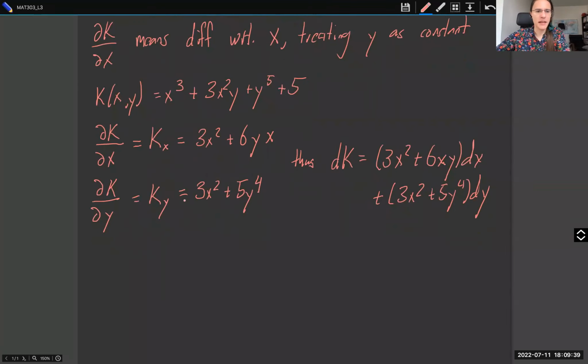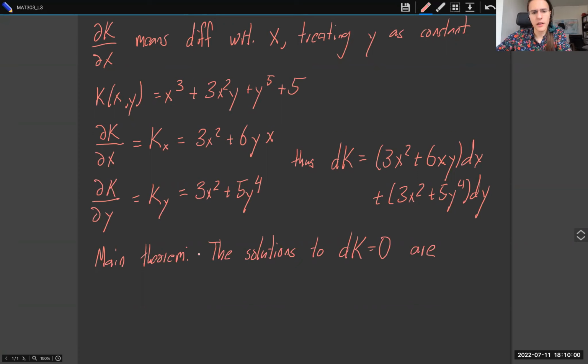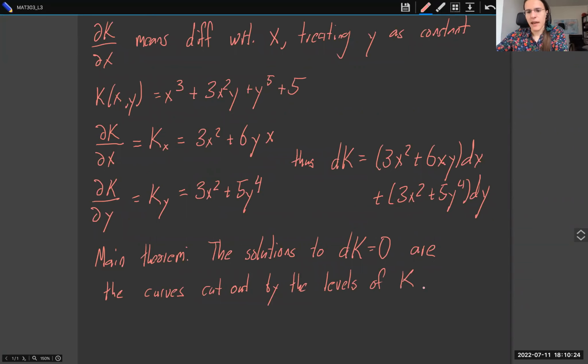Well, okay, so what's the big claim? The main theorem is that the solutions to dK equals 0 are the curves cut out by the level lines of K. I'll say the levels of K. I'm not sure if that's the best phrasing, but I'll say exactly what I mean.